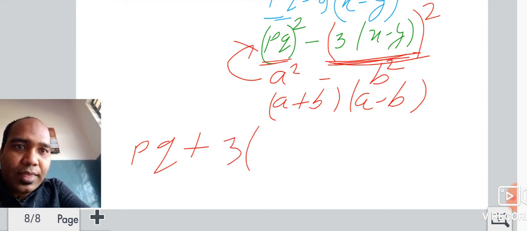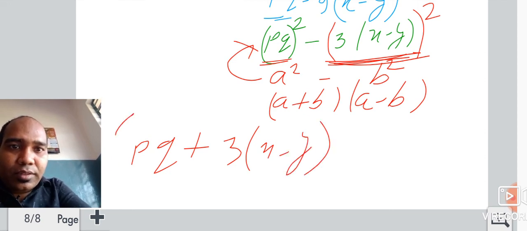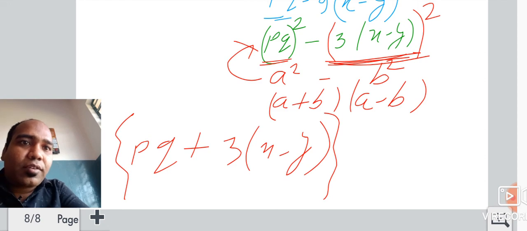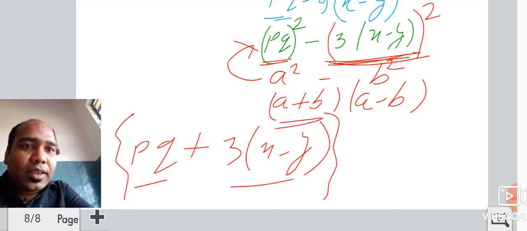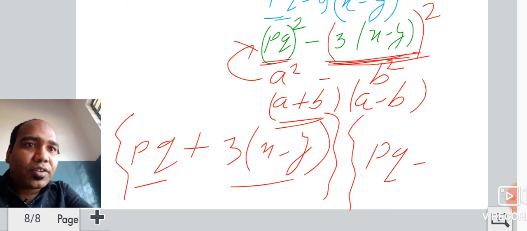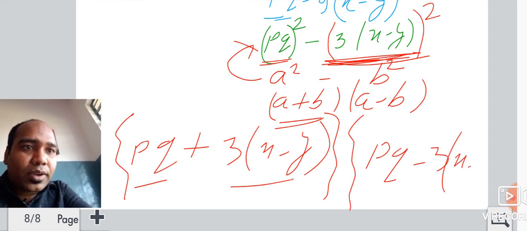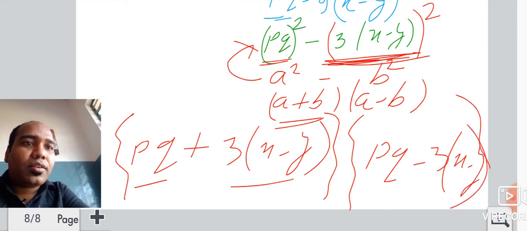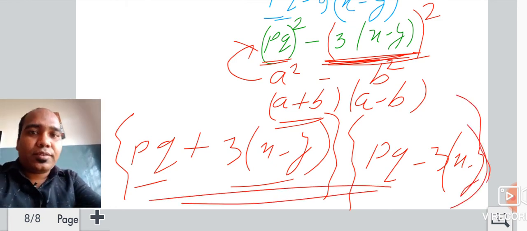So this is our A plus B. Then A minus B: again A is pq, and minus B, which is 3 into x minus y. So this is our whole factorization.